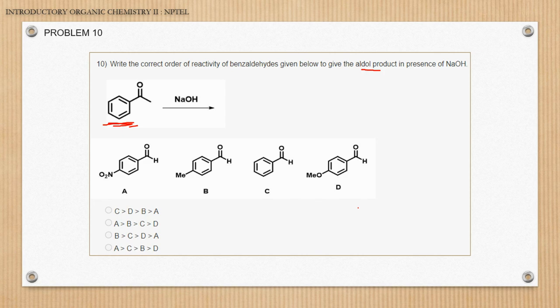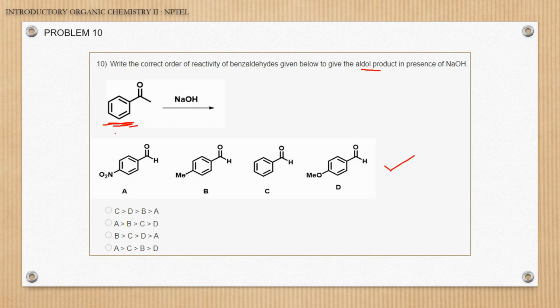What is happening in the aldol formation, aldol product? Is there any alpha hydrogen in these benzaldehydes, in all the four? No, right? So this benzaldehyde doesn't have any alpha hydrogen.